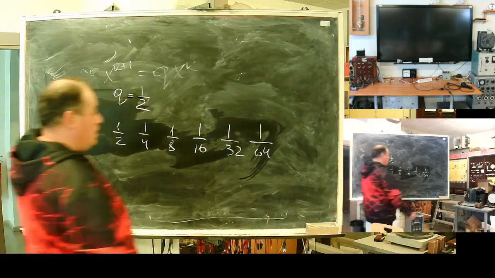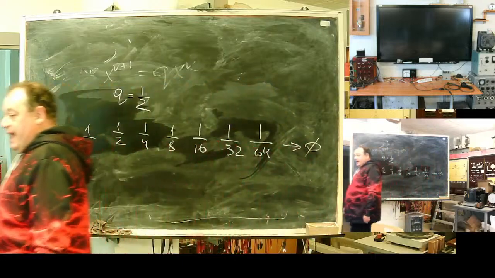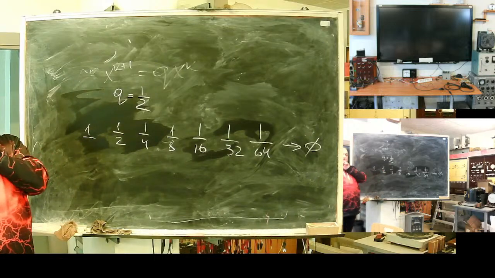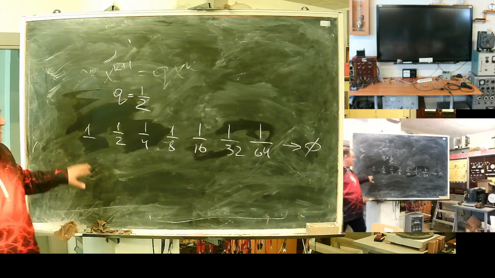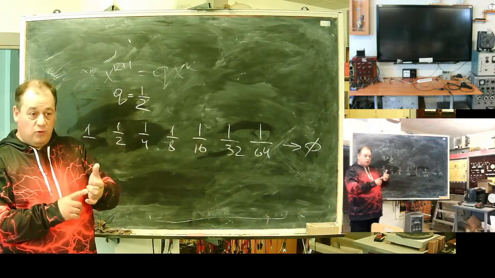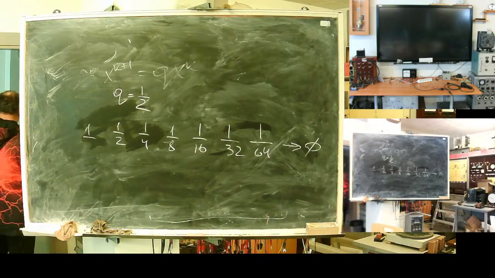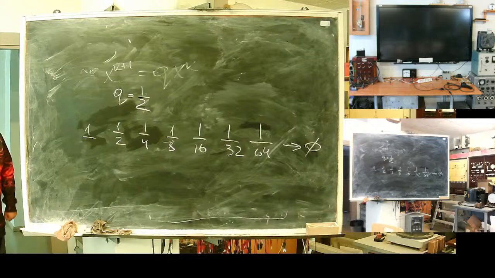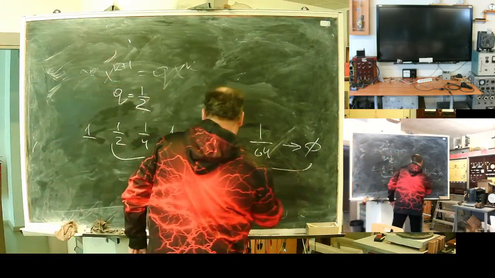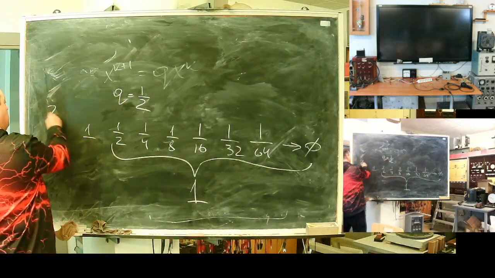Yes, it leads us to 0. And here, what will be the sum of all elements of this progression? If I sum them all: 1 plus 1/2 plus 1/4, 1/8, and so on. The sum of all of this, without the first element, equals 1. If I sum the whole series, it will be 2.